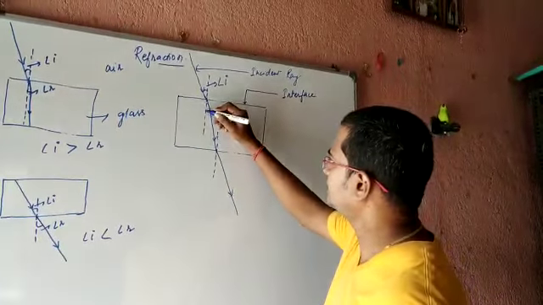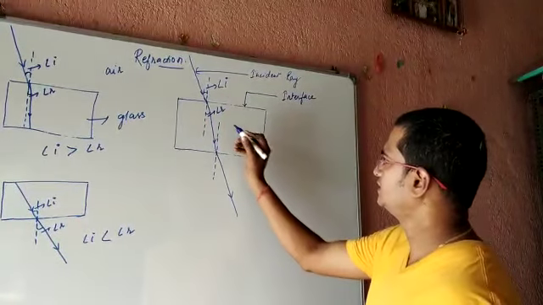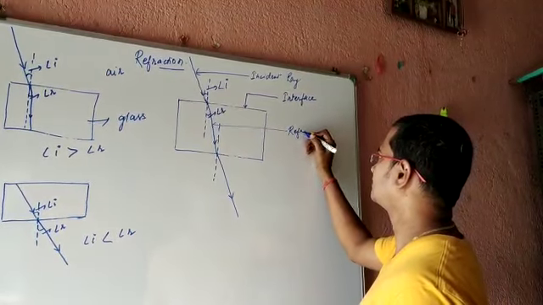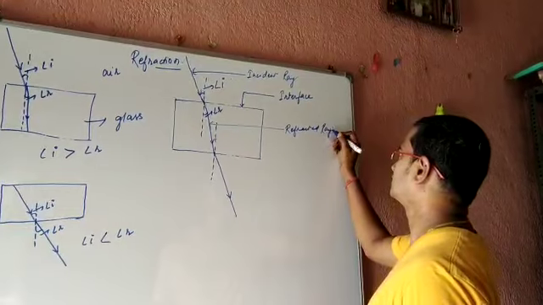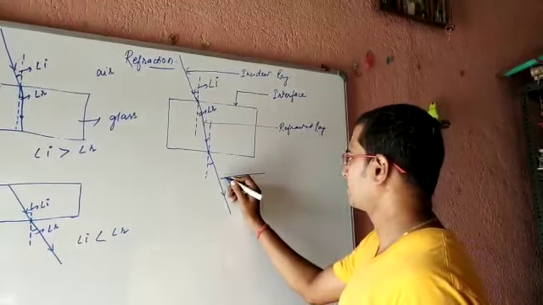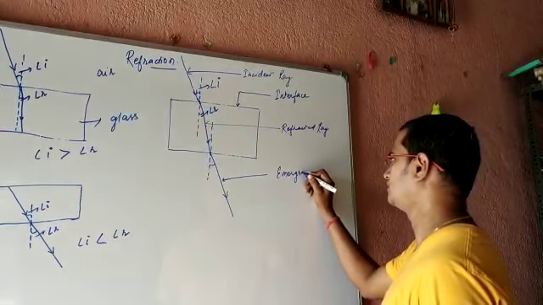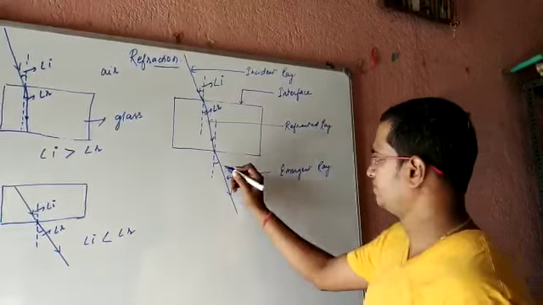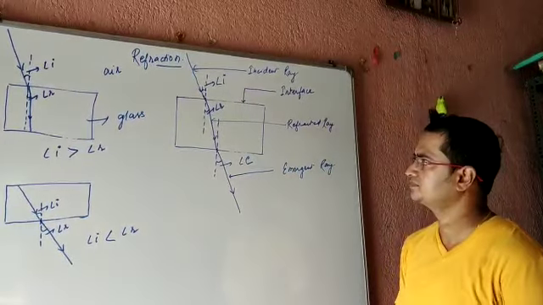This is the angle of refraction. This is refracted ray. This is emergent ray. And it is known as angle of emergence.